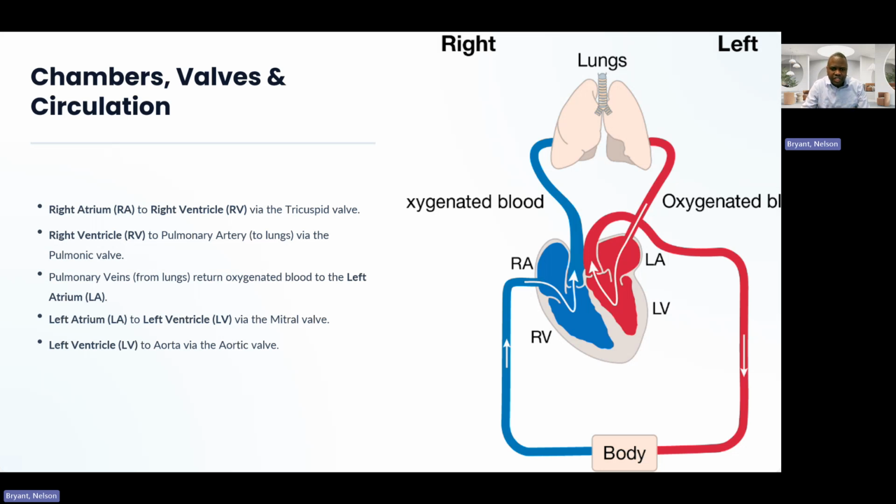And then oxygenated blood, you see in red, which returns to the left side to be pumped systemically. The atrioventricular and semilunar valves prevent the backward flow during the continuous cycle.